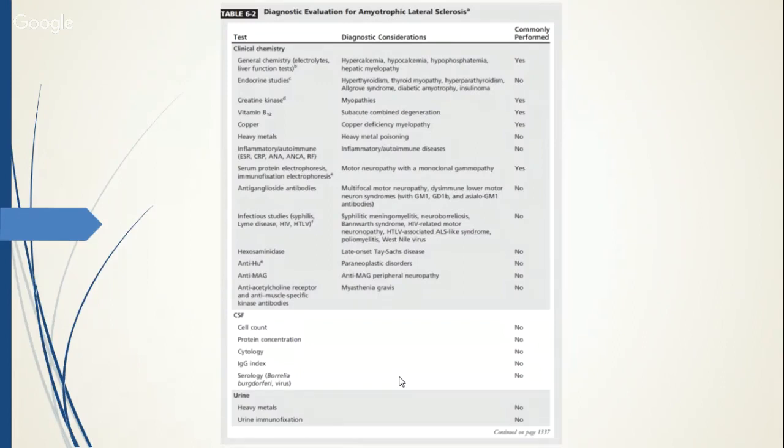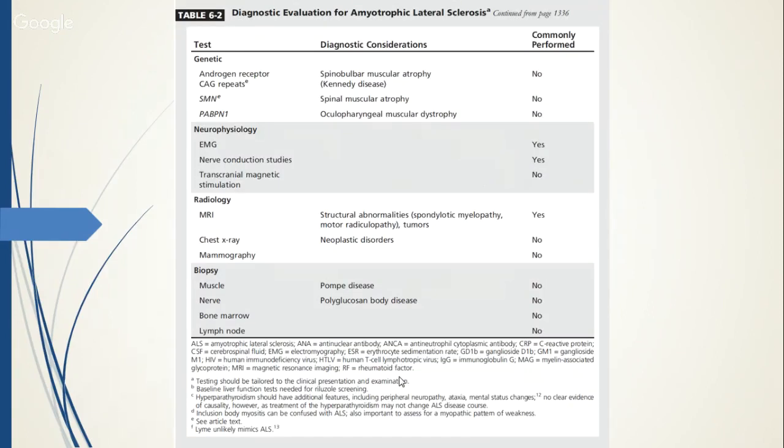It's not really that common, but you're just trying to rule out other causes. Sometimes you can also look for mimics, such as spinal bulbar atrophy, where you can do SMN genes, but this is not common. Mostly EMG and nerve conduction tests are the most common. Imaging is just to rule out structural causes, but you won't really see much in ALS.